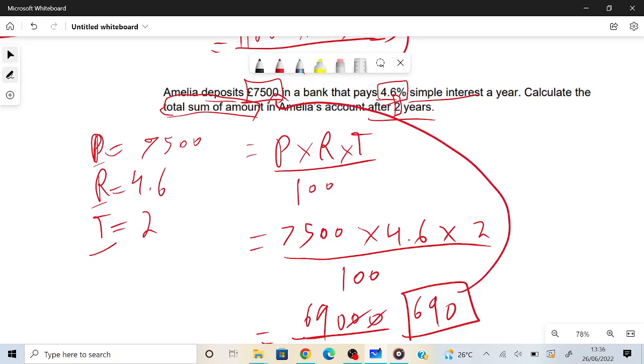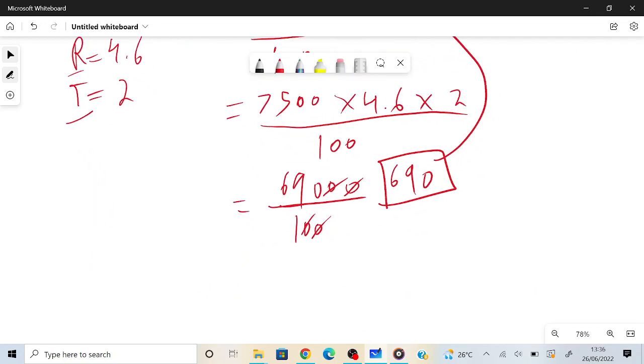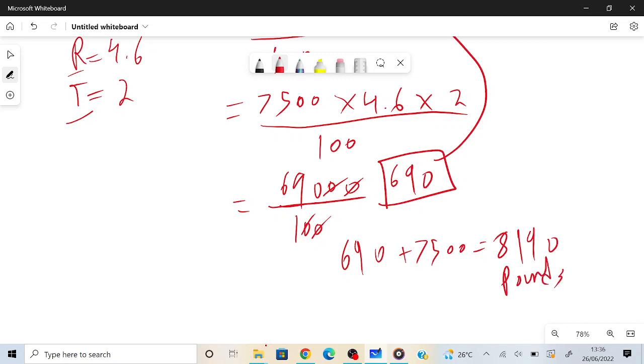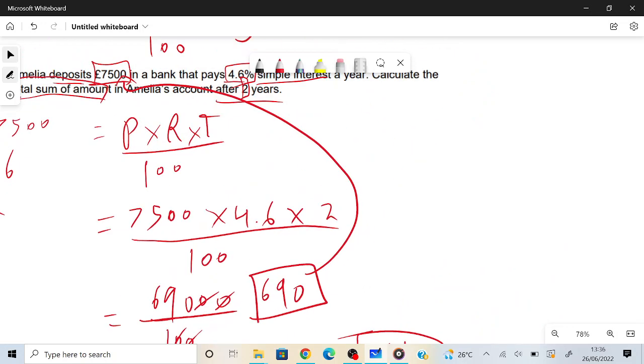You just add it here, and doing that you would have 690 plus 7,500, that is 8,190 pounds, I believe. Let me just quickly check that in the calculator. 690 plus 7,500, yep, it is 8,190 pounds. Please make sure you know what units you are using.